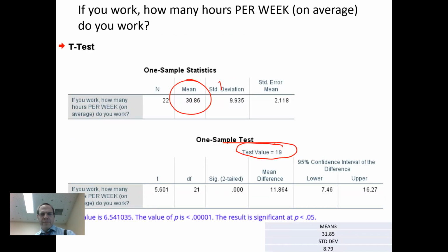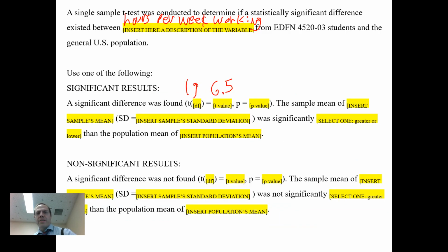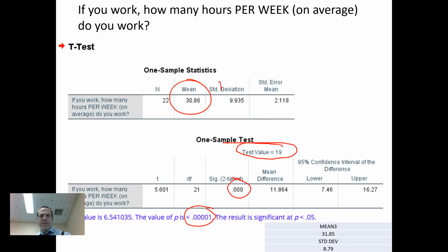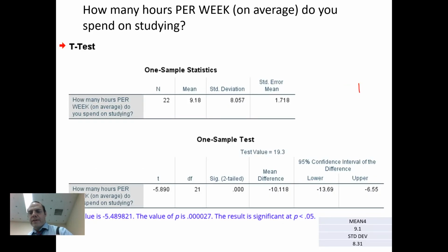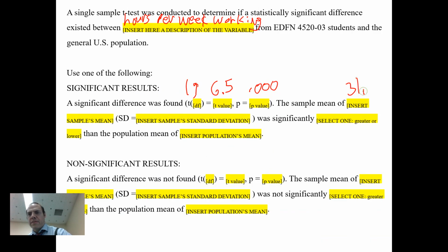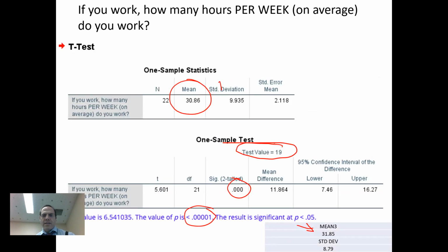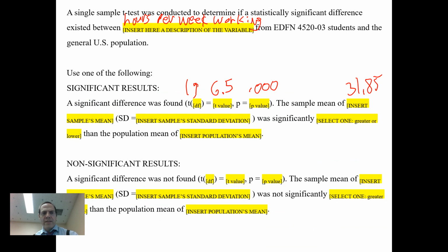P-value, you use either one. I'll say 0.00. The sample mean is right here, 31.85. Standard deviation, 8.79.